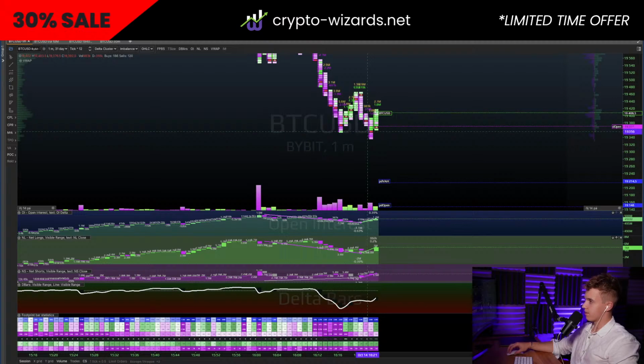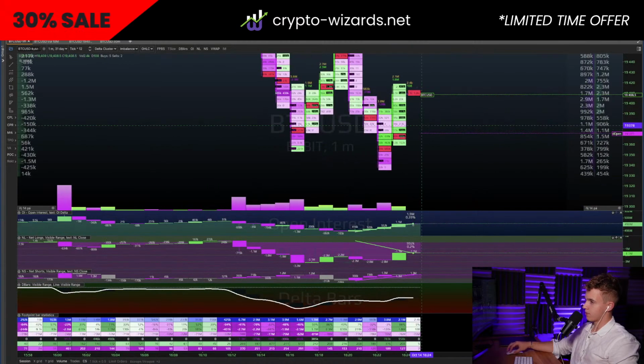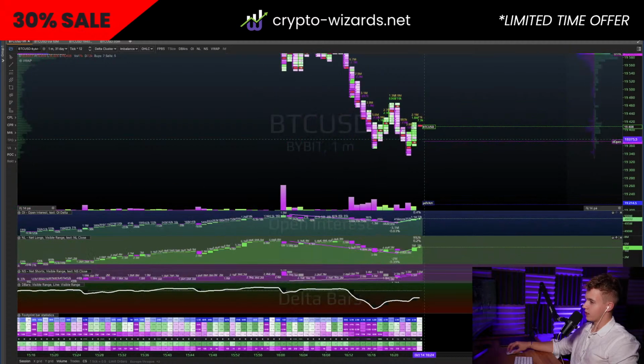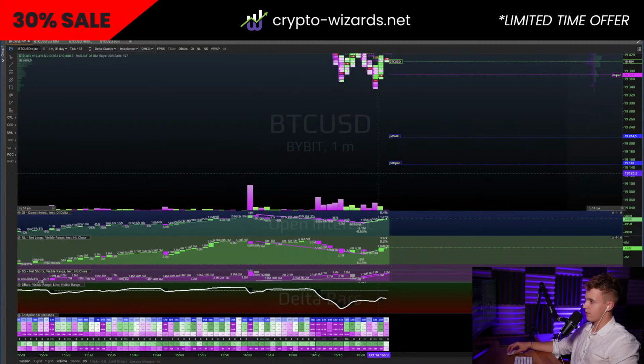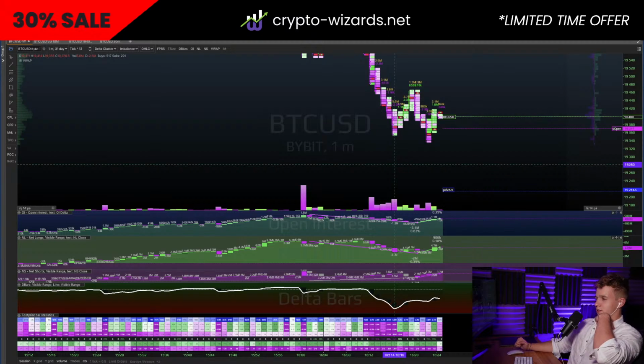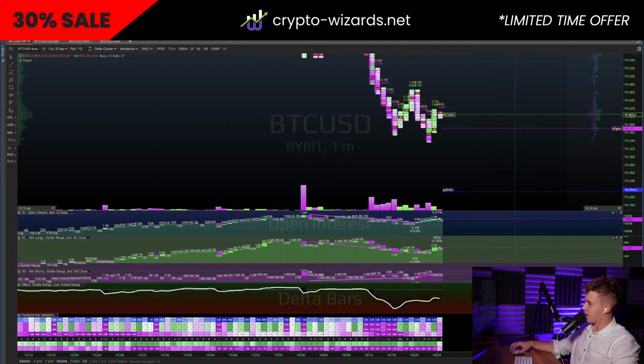Honestly, the previous day value area high, we have the previous day daily open, we have some liquidity levels down there and so on. Not gonna be taking long here. Too risky. So I'm gonna finish the stream very soon.